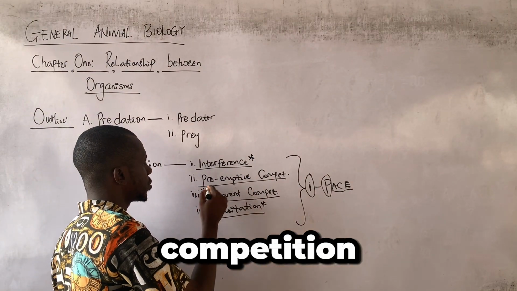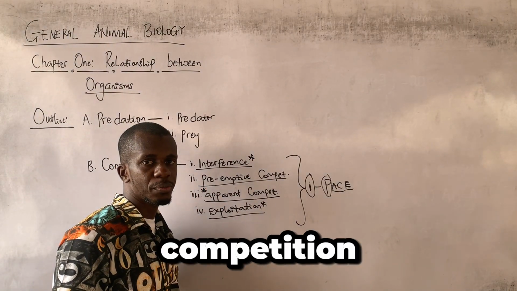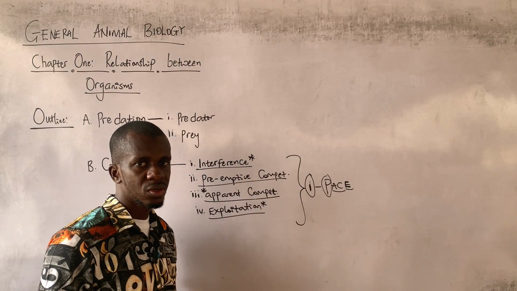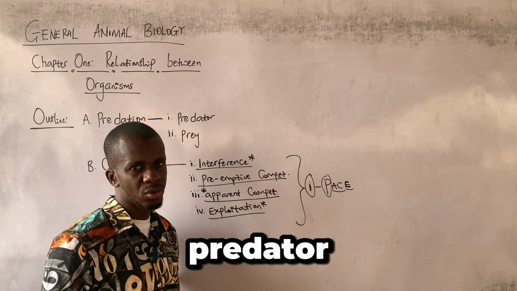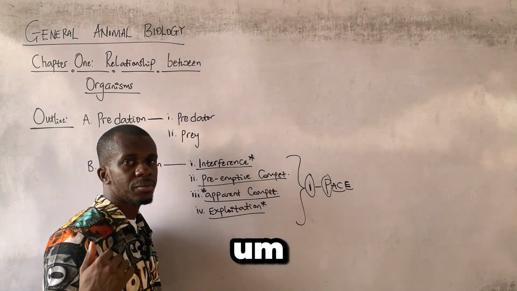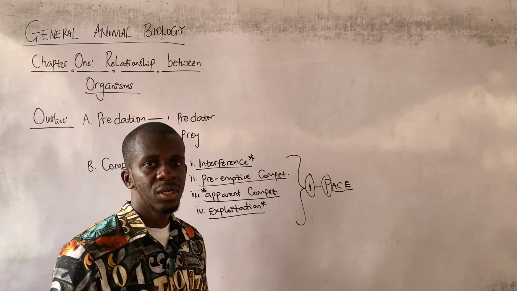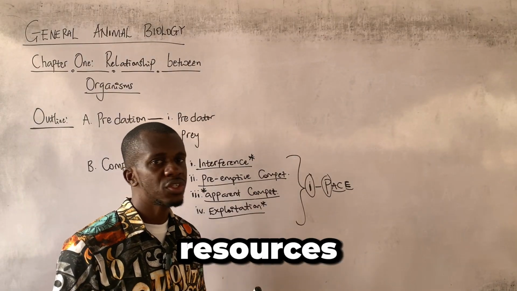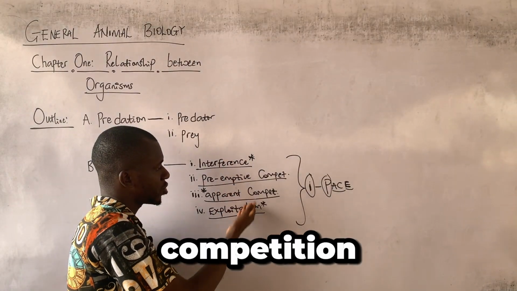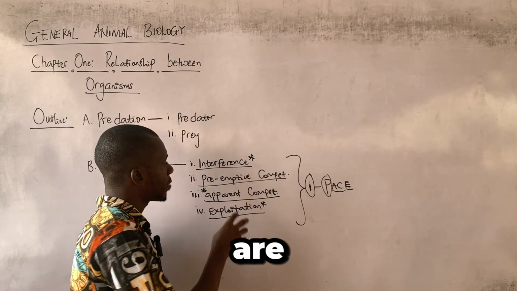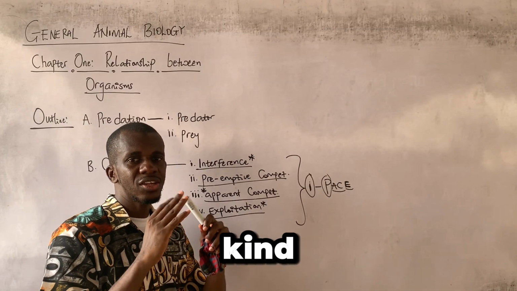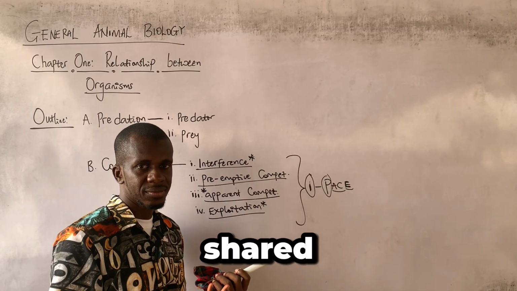Apparent competition is not regarded as a form of competition because here we do not share a resource, we rather share a predator. You see that? Good. Competition as a form of relationship involves sharing of resources. And this classification we have done, or these types of competition we have outlined, are based on the nature, the kind of resource that is being shared.